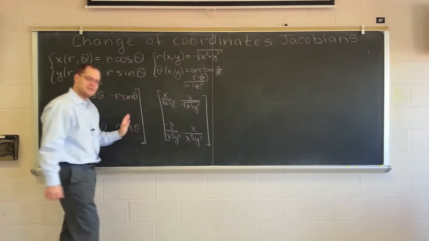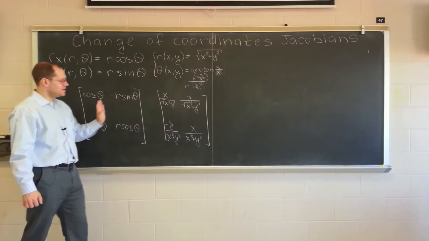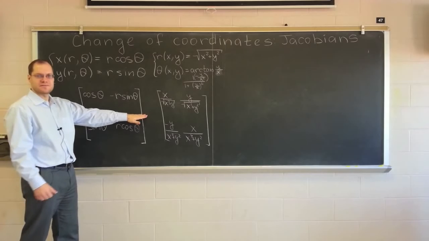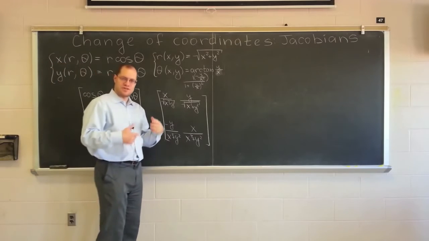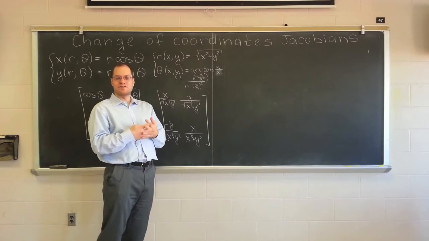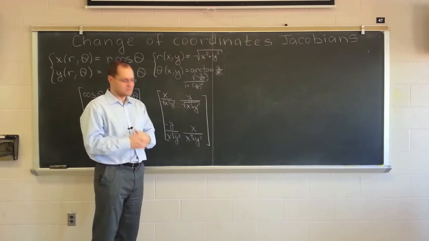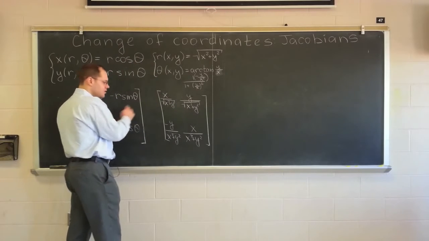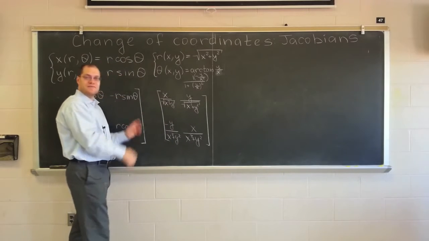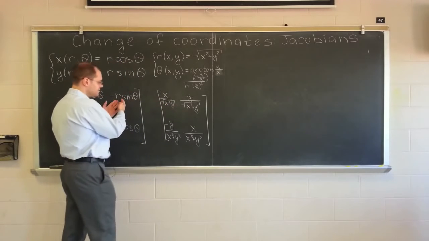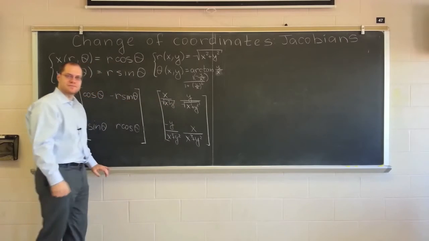Now I just want to notice one very important relationship between these two Jacobians. These two Jacobians are inverses of each other in the matrix sense. This matrix is the inverse of this matrix. Of course, they need to be compared at the same physical point, where x and y correspond to the same point as r and theta.